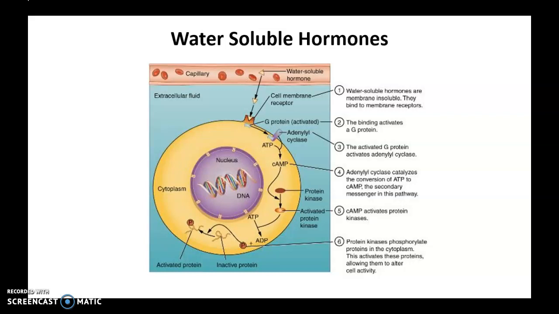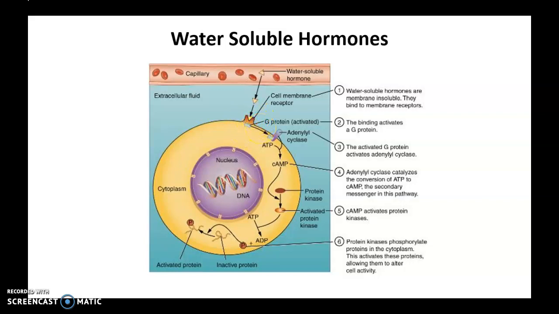These hormones, so on top you do see a blood capillary, and the red RBCs are floating around, and you see a yellow triangle which represents a water-soluble hormone. This hormone comes and binds to a particular receptor called G protein. Know that G protein is an integral membrane protein.